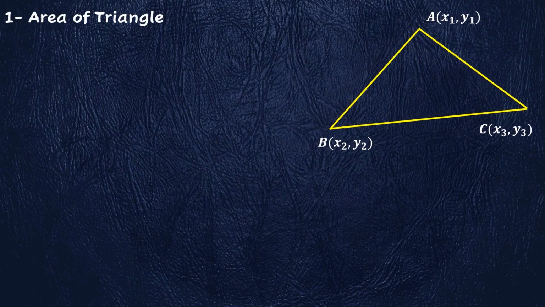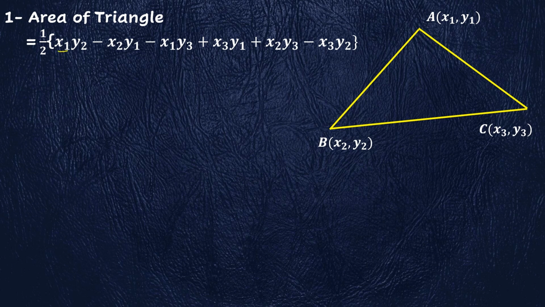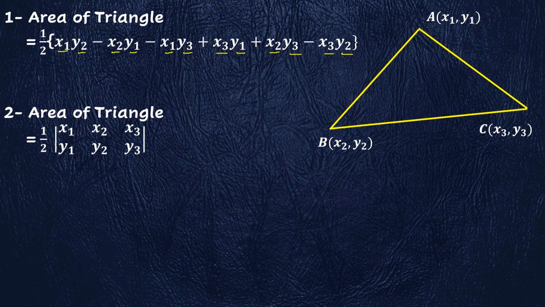For this, we shall first show that the area of the triangle is equal to 1 by 2 into x1 y2 minus x2 y1 minus x1 y3 plus x3 y1 plus x2 y3 minus x3 y2. Then we shall show that this area is equal to 1 by 2 into this rectangular determinant x1, x2, x3, y1, y2, y3.